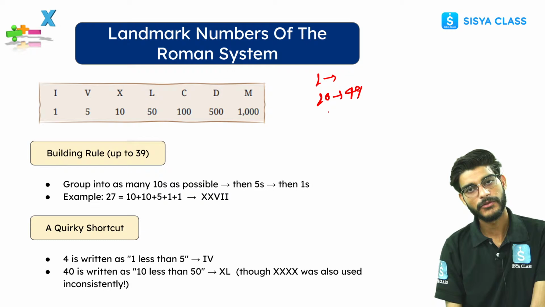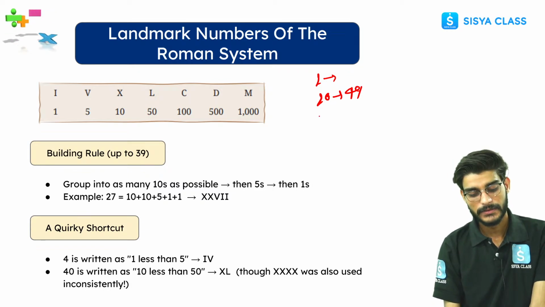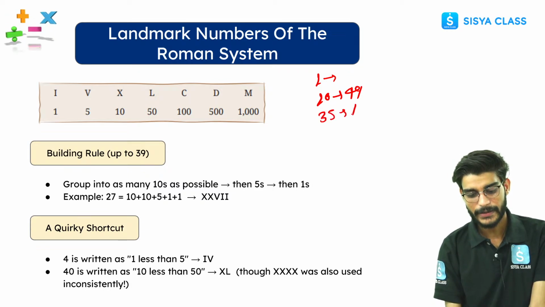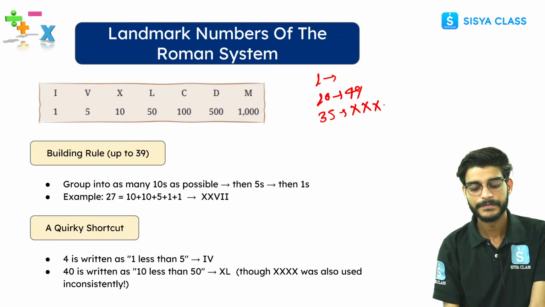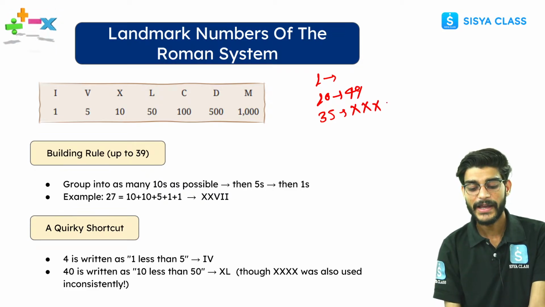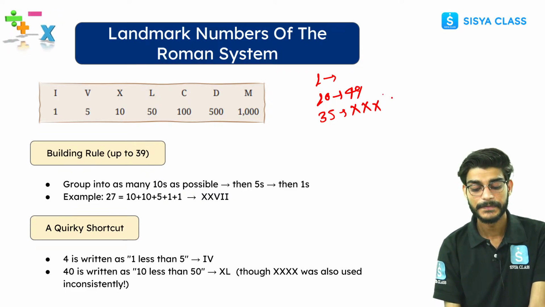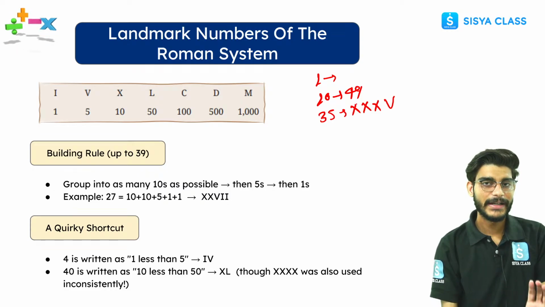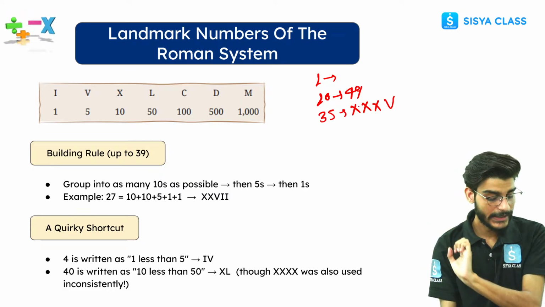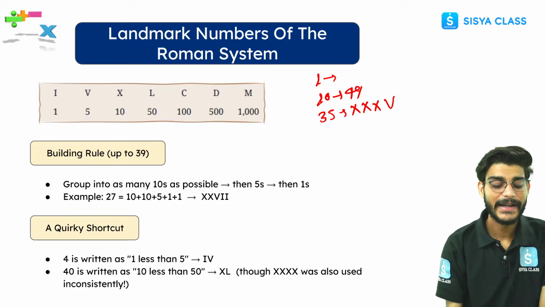Suppose you have to write 35, how will you write it? 3 tens and then 5. For 5, how will you denote it? V, right? So till 49 it was clear. Now what after 49? They have different kinds of symbols.